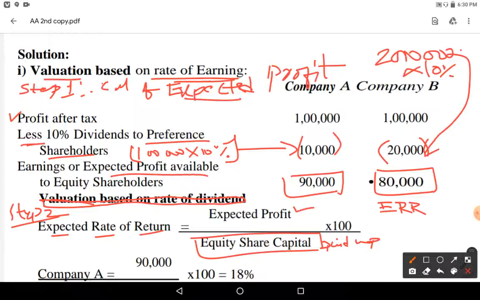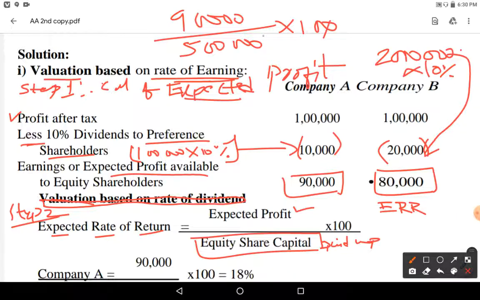This is the formula. So for company A, what is our expected profit? Expected profit is 90,000 and paid up share capital 5 lakhs, into 100.